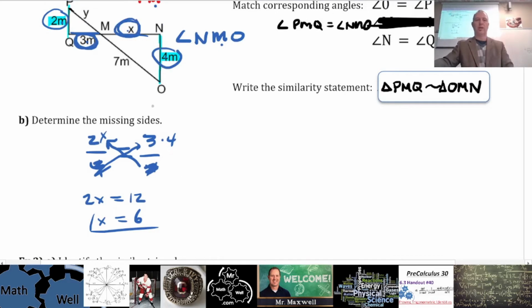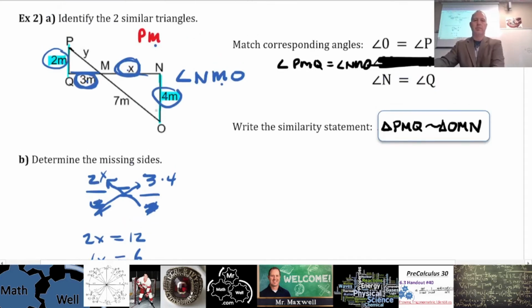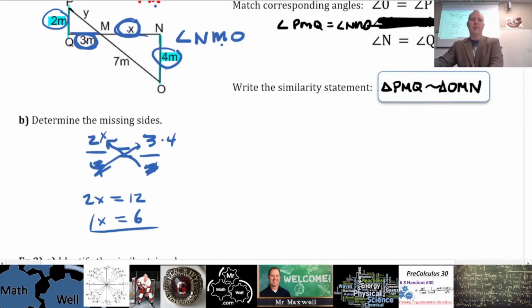All right, let's find y. I can still use the same original ratio, or you can use the new one that you just found. Doesn't really matter. I'll use the same one. I'll go 2 over 4 equals y over what? Yep, 7. Now when you have your missing variable on top of the ratio, that's really easy. It's just one step.